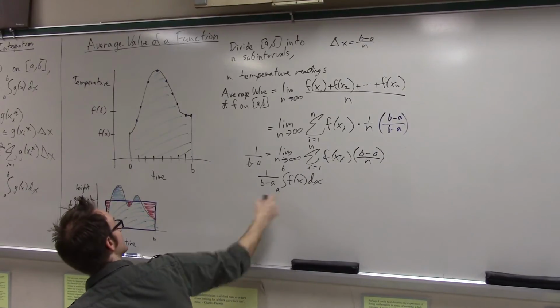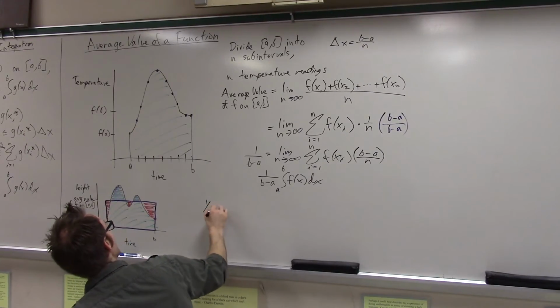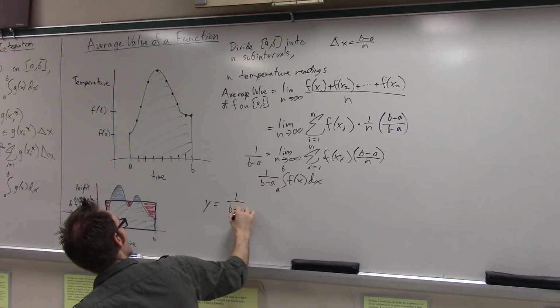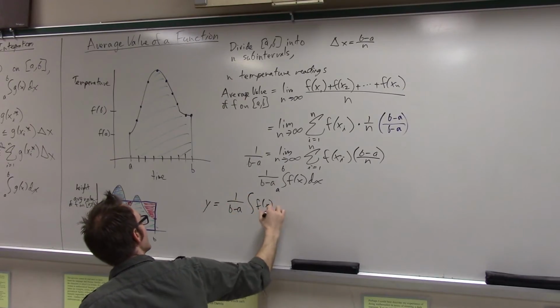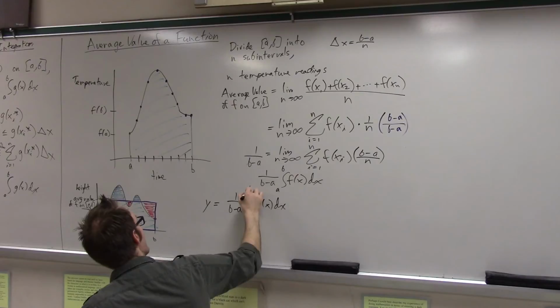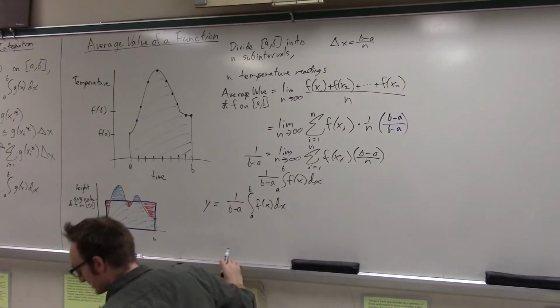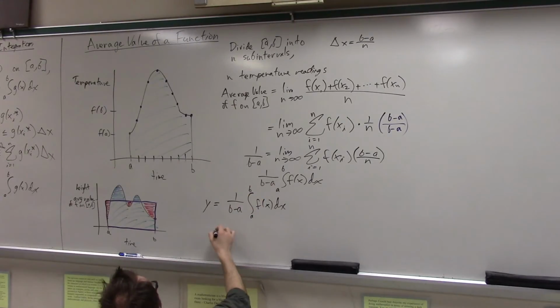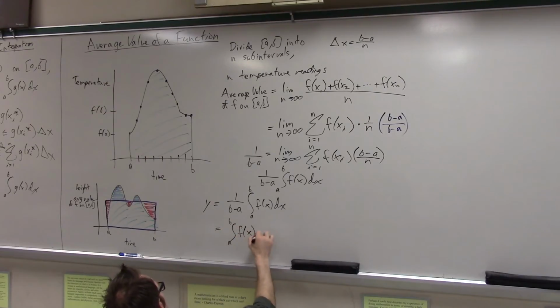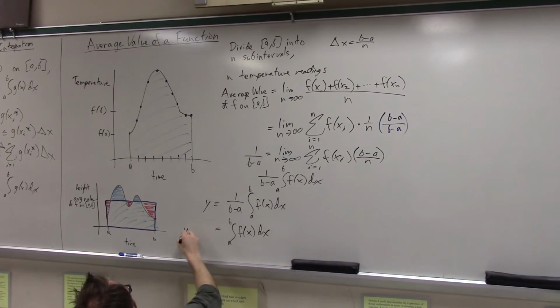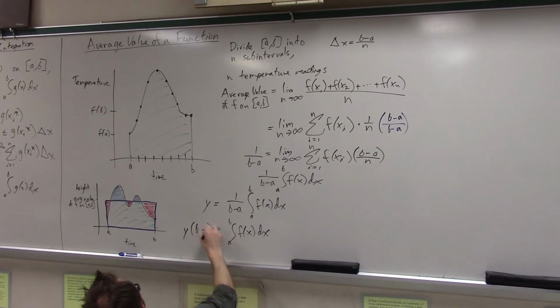So what this says is that if y is the average value of the function on some interval, then, as Jeff G was saying, the integral from a to b of the function is equal to y times b minus a.